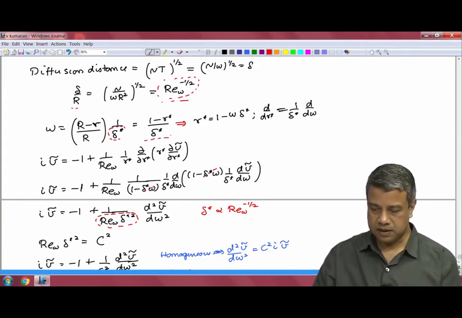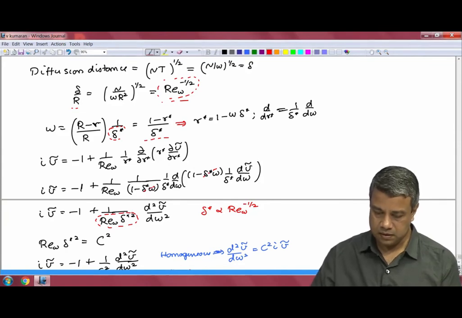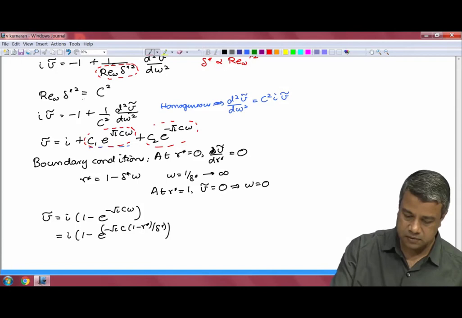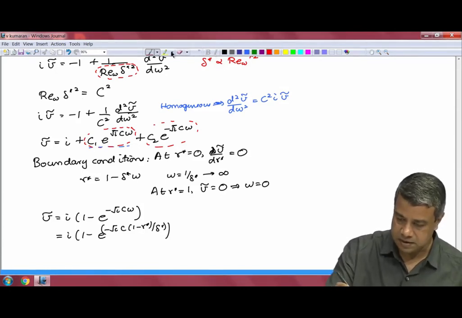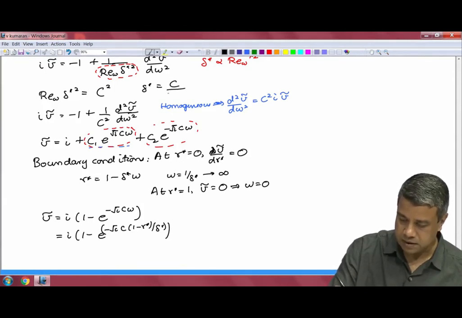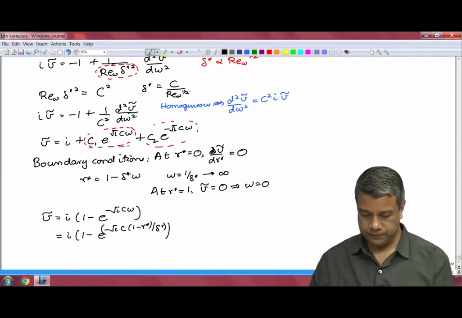I substitute that in there, and also I had that delta square times Re omega is equal to C square. That means that delta star is equal to C by Re omega power half.